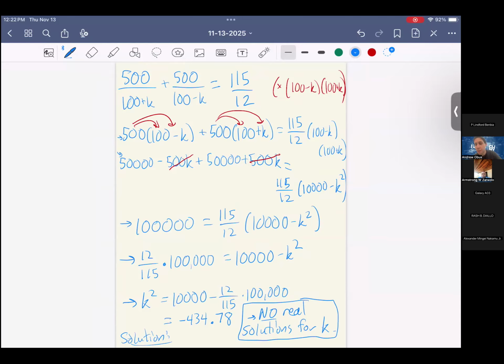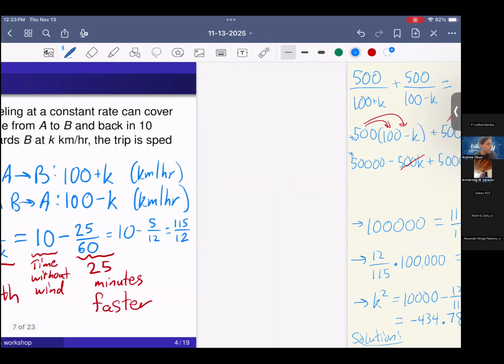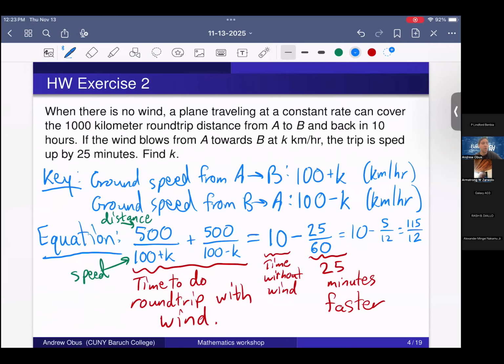Whatever you gain from your constant wind speed helping you from your tailwind in one direction, you're going to lose more than that from the headwind in the other direction. So for this thing, we can't find k because the trip cannot be sped up by 25 minutes by there being a constant wind speed.